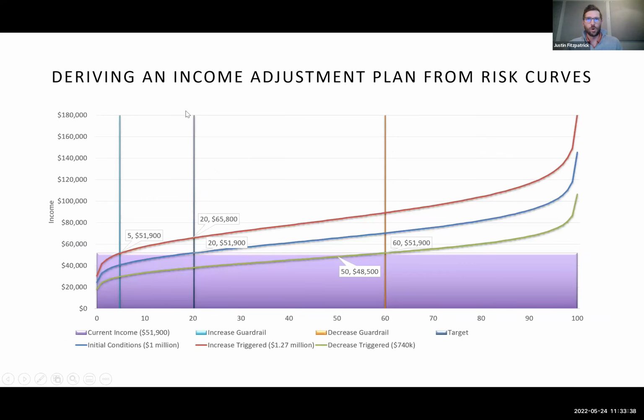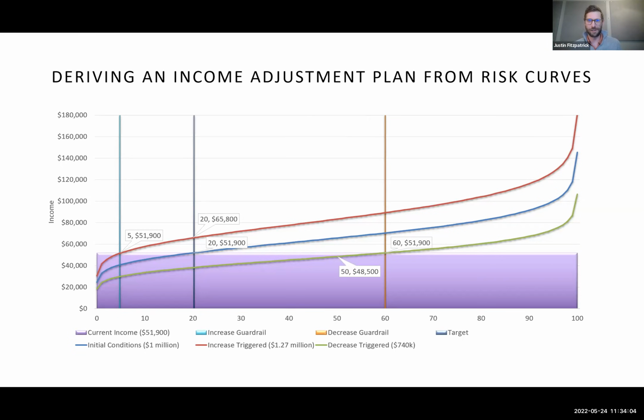Okay, so from this, we see that adjustments happen because risk is changing, either because the risk of any particular spending level has gone down, which means the risk curve has gone up, or because of the reverse. Every spending level now has higher risk. The risk curve has gone down. We can actually use that, and no one would ever want to do this manually, right?